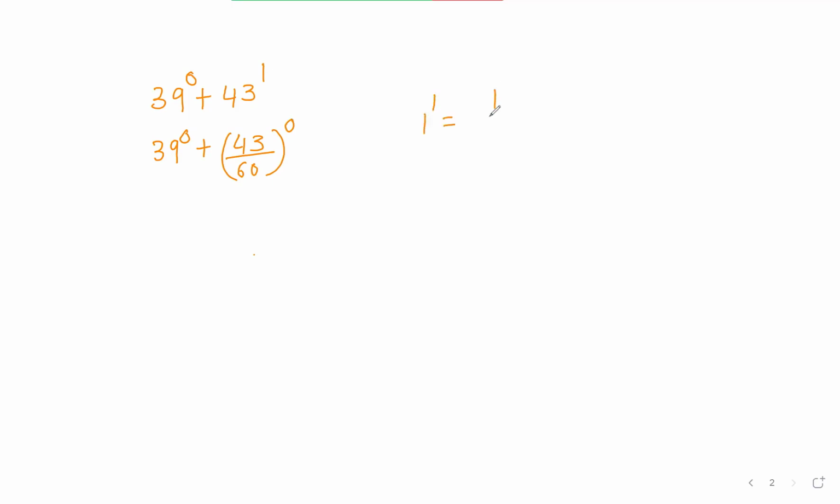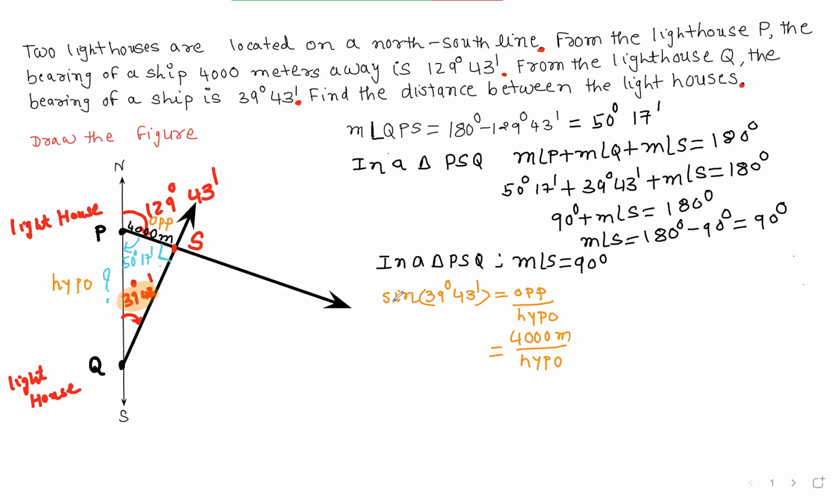Because 1 minute equals 1 over 60th of a degree. 39 degrees plus 43 over 60 is 0.7166666 degrees. When we add them up, we get 39.716666667 degrees. And then we have to apply the sine function on it.